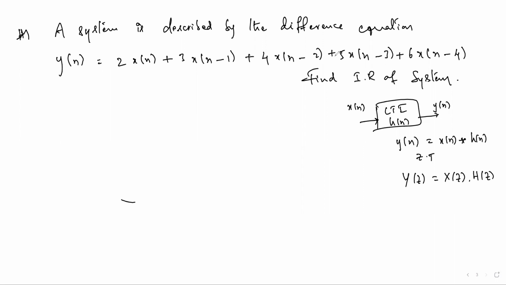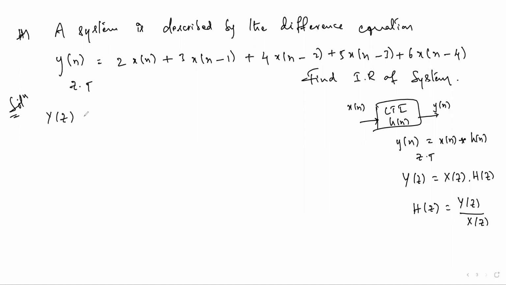We need to find h of n. So if we go to the z domain, then H of z is equal to Y of z divided by X of z. For this equation, if we apply the z transform, we will get Y of z by X of z easily. So first, to get H of z, let us do the z transform of the given equation.